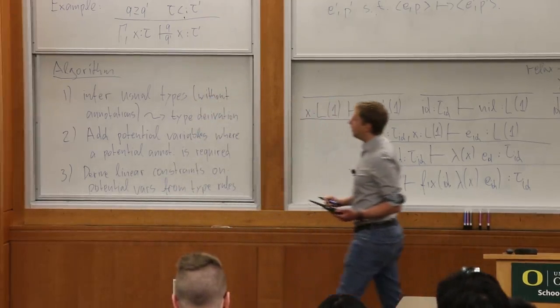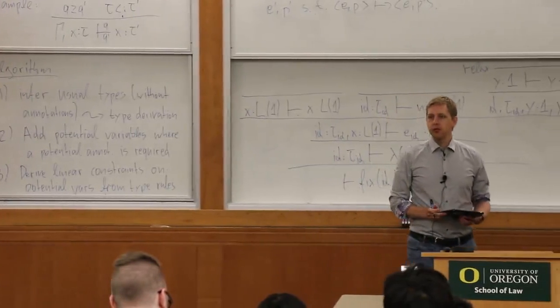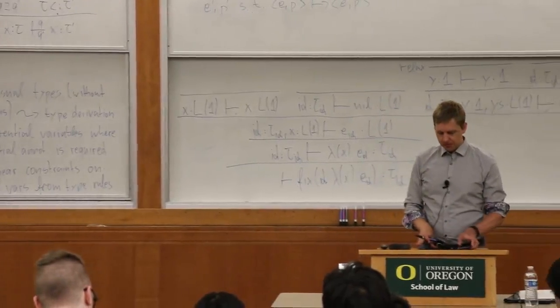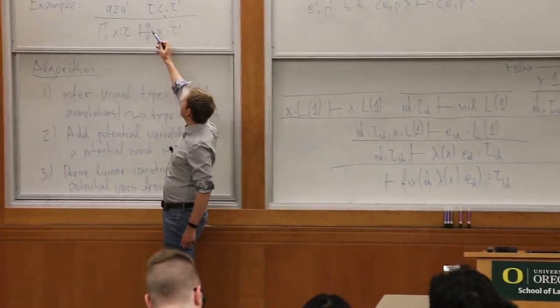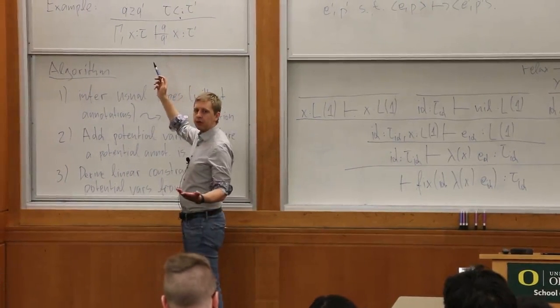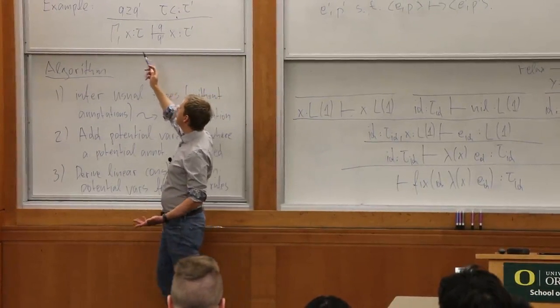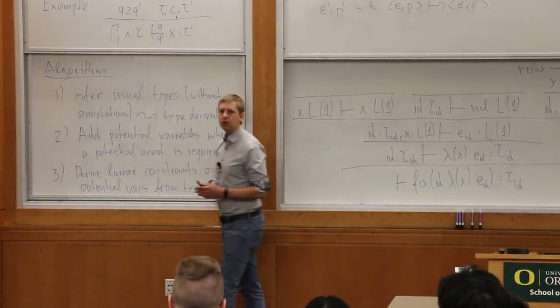So it's basically already spelled out there in this variable rule, right? What we're going to have in the type derivation is some fresh names here, q, q prime, and then the constraint we're going to generate is that q has to be greater or equal to q prime.